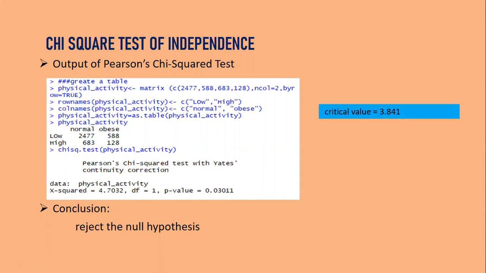Since the chi-square is bigger than the critical value, the test statistic falls within the critical region, therefore we reject the null hypothesis. There is sufficient evidence to show that physical activities is not independent of BMI status.